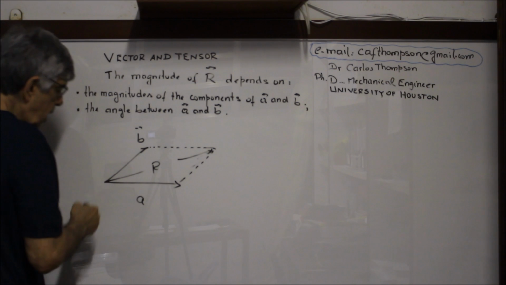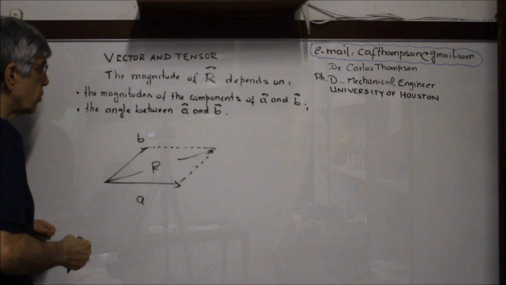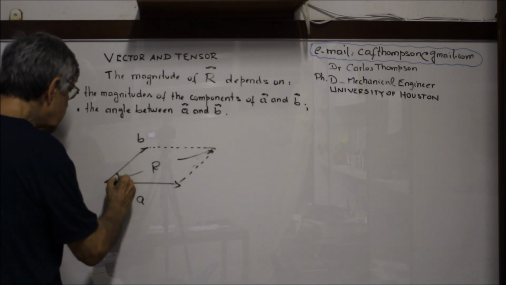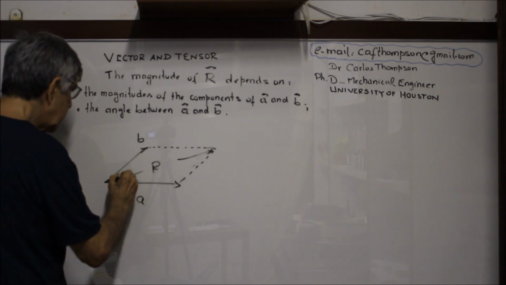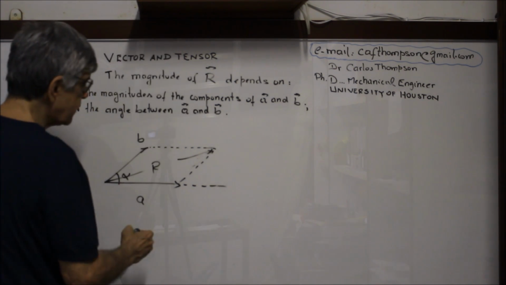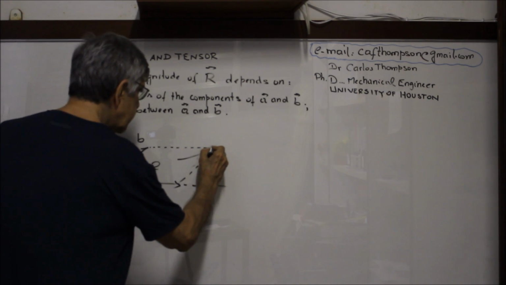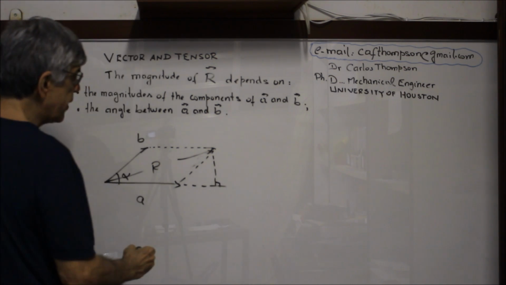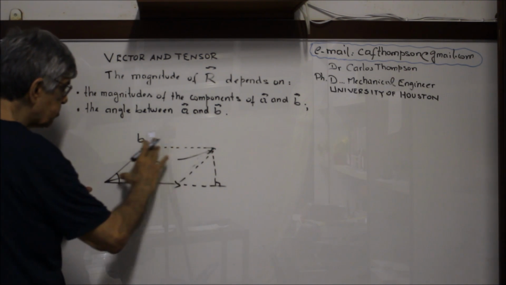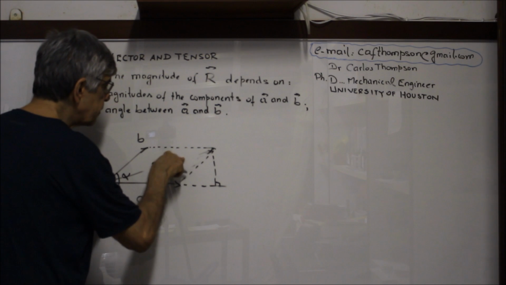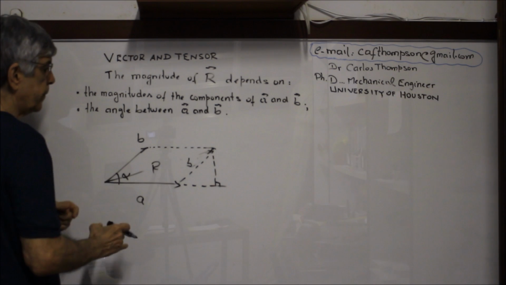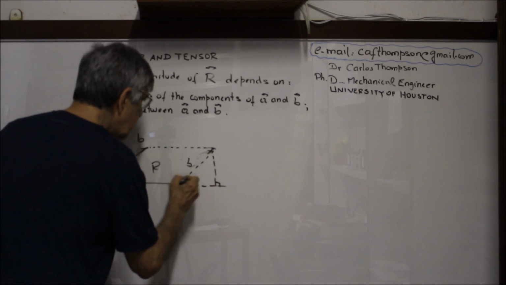I will write the letters without the arrow because I want to obtain R in terms of A, B, and alpha. Now, let's extend this straight line here, and then this is a right triangle. This is alpha. Since this segment is parallel to that, this is B, and also this is A and this is A. This is alpha.